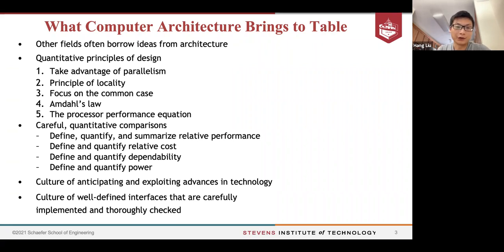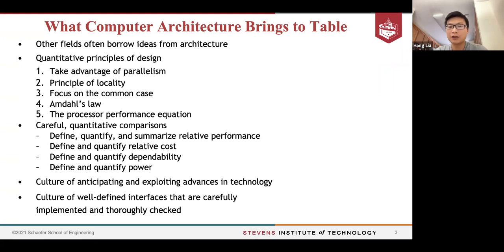The principle of locality is very much used by storage folks and networking folks, right? So we'll always focus on locality when we're doing communication. Focus on the common case, which is coupled with Amdahl's law. This is pretty much everywhere, right?